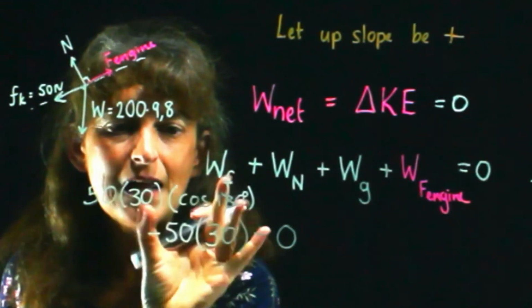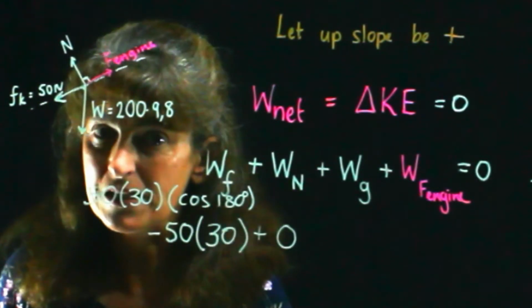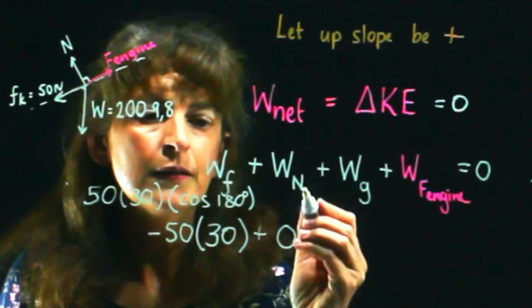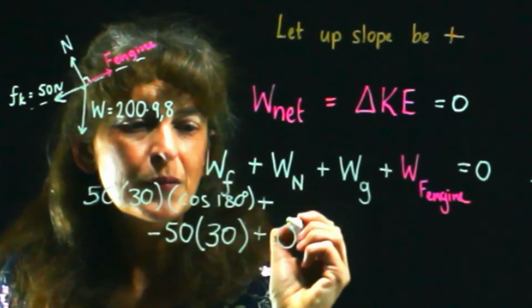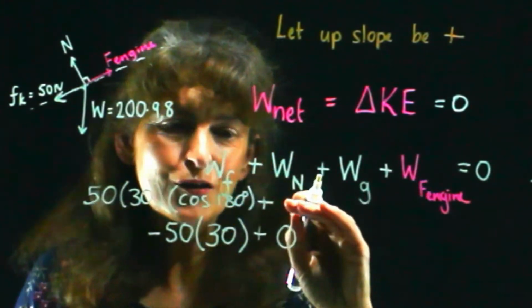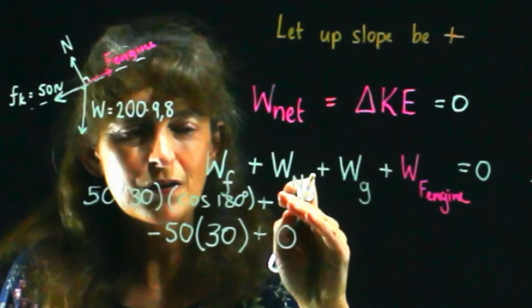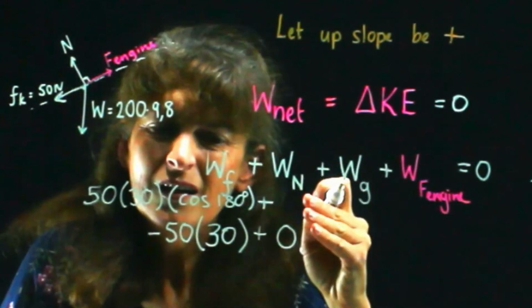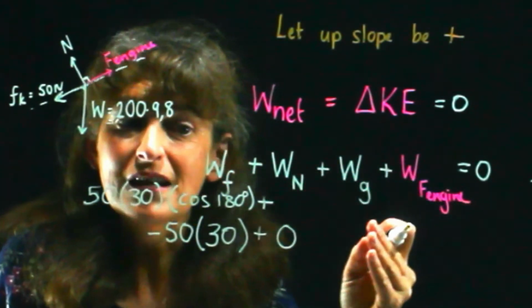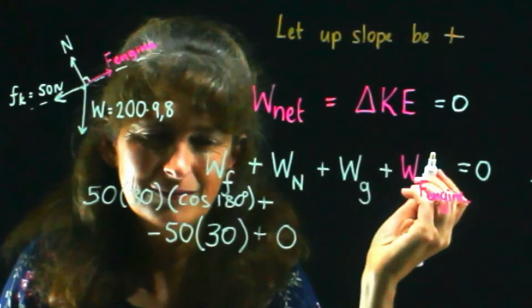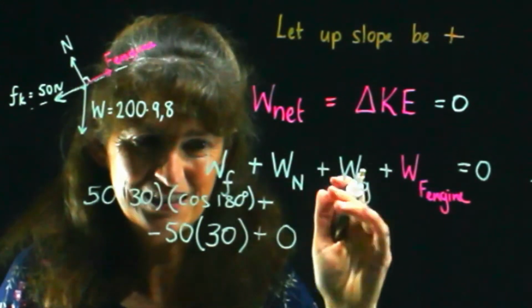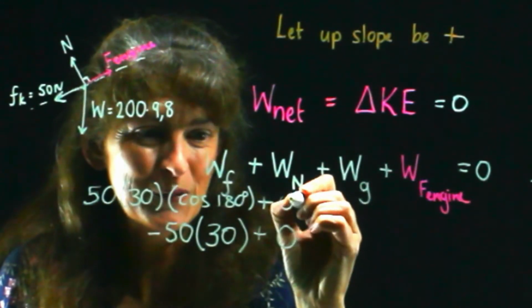And that is the same thing as minus 50 times 30. So, it depends how complicated you want to be. The same story here. We don't know what normal is, but times cos 90 degrees, and that equals 0. So, why not just use your brain and just say plus 0 from the beginning?